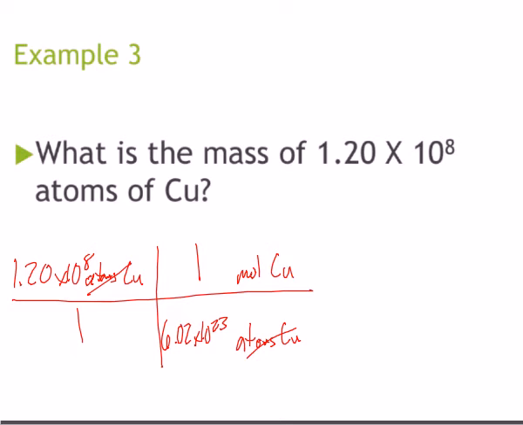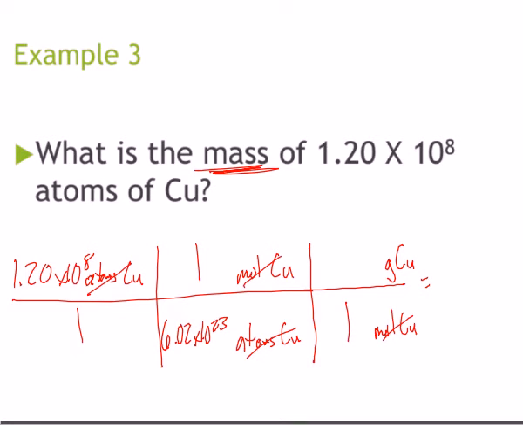No. And this is where the beauty of the T-chart comes in, with this factor label method. You don't have to stop and do any math here. Keep going. Set it up. Get to the unit you want. So moles of copper on the bottom. I'm trying to get to mass. What's my unit for mass? Grams of copper. Which one gets the number 1?